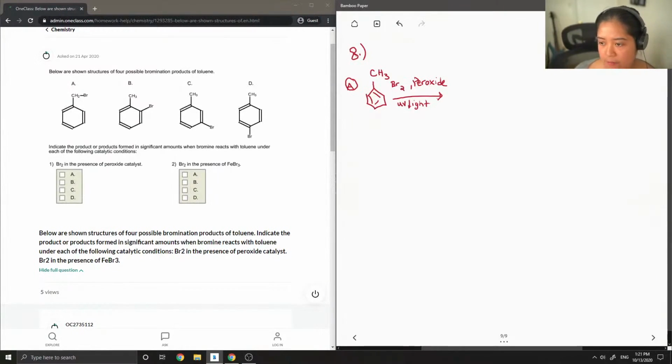So when you have Br2 and peroxide and UV light, I'm not going to draw out the mechanism because it's really complicated, but basically you end up with a structure that looks like this.